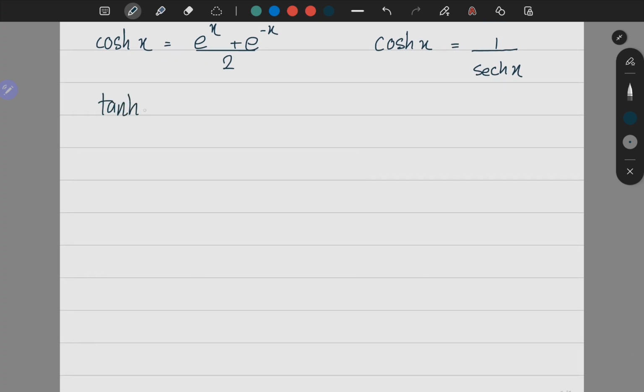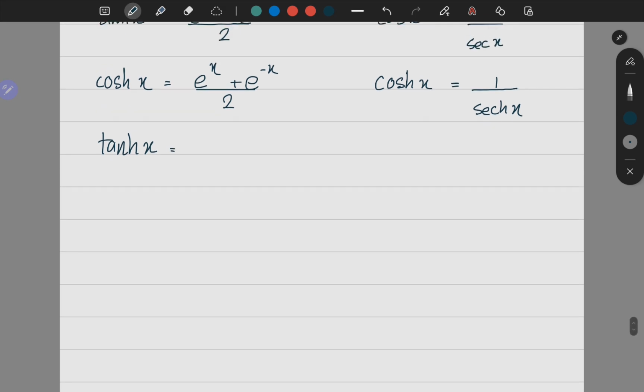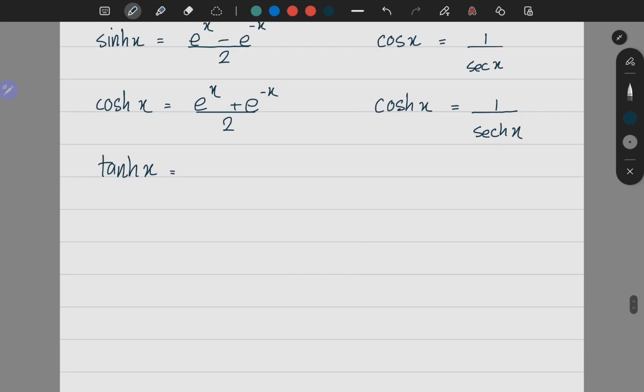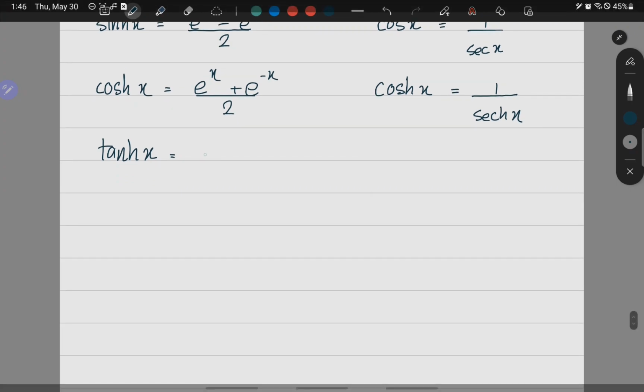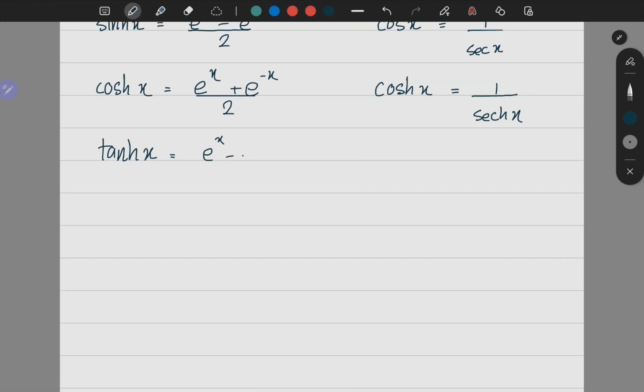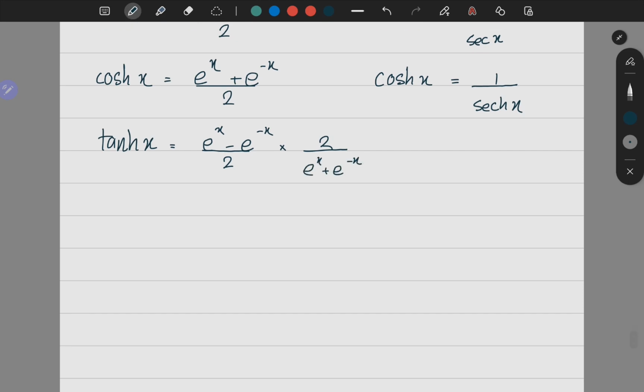Tanh, the h tells you that it's hyperbolic. The way we get tan would be sine over cos. So here it would be sinh, e to the x minus e to the minus x over 2, divided by cosh, which is 2 over e to the x plus e to the minus x.